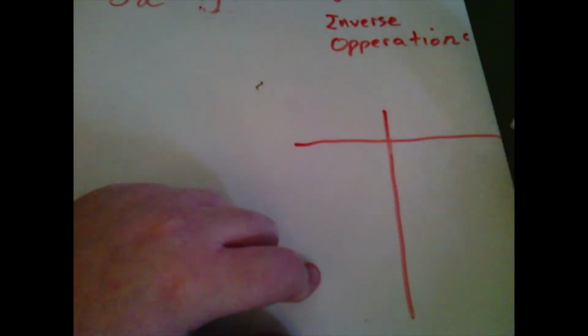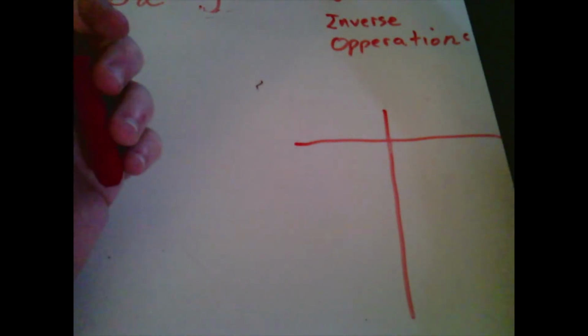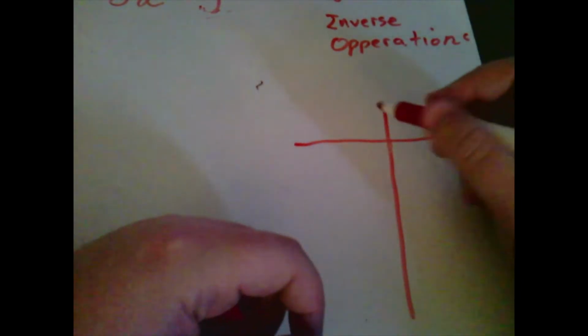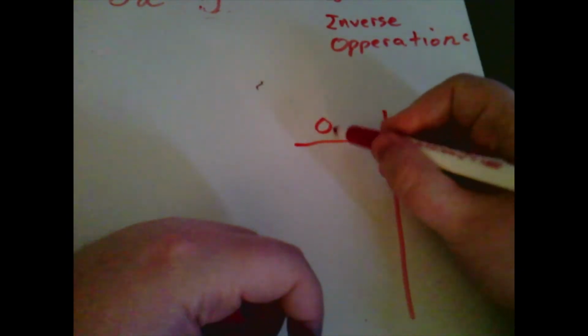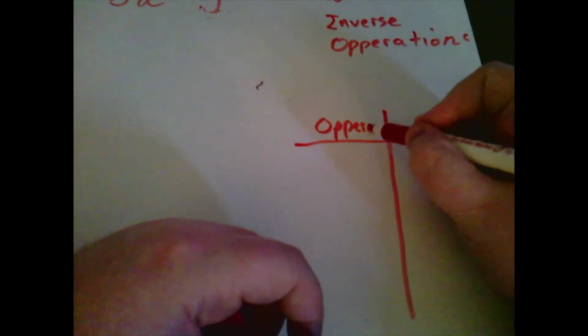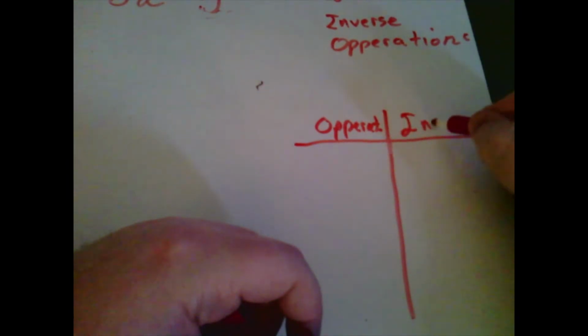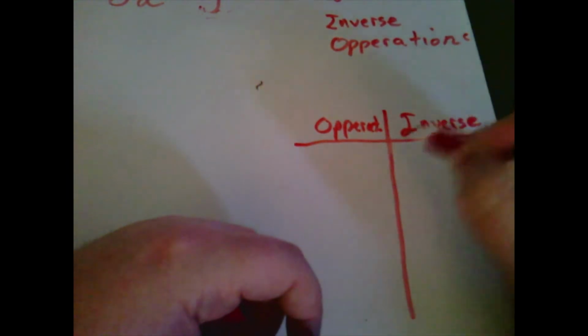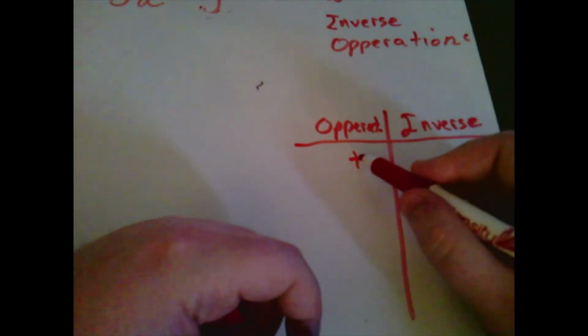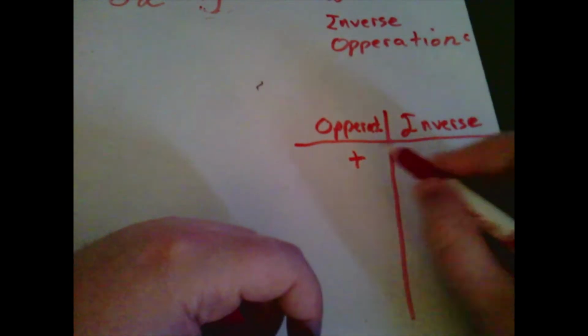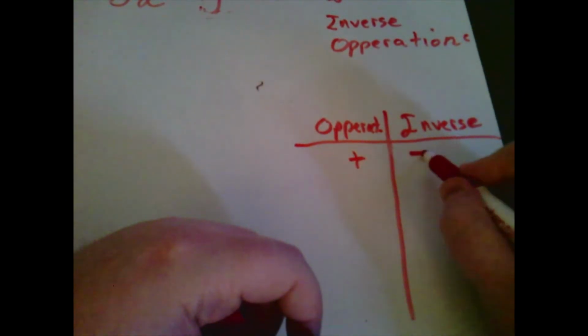For every operation that exists in mathematics, there exists its opposite, or its inverse. So here would be the original operation, and here we'll have its opposite, the inverse operation. Let's start with the operation of addition. The inverse of addition is subtraction.